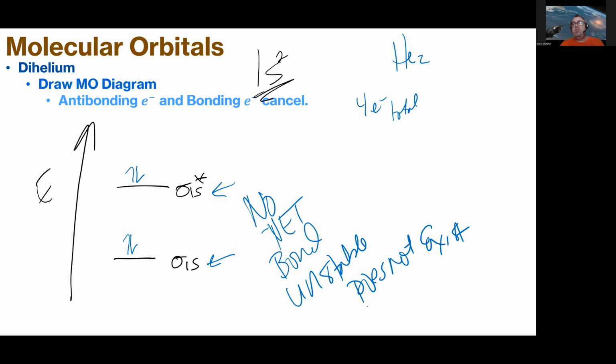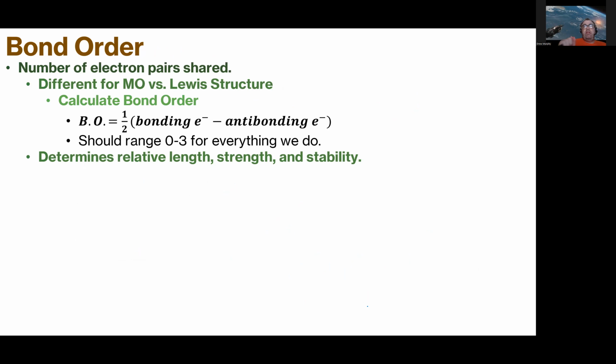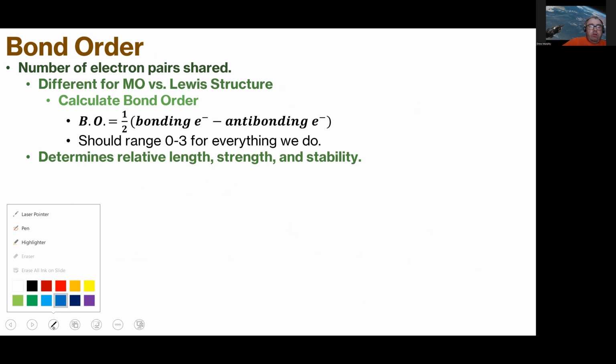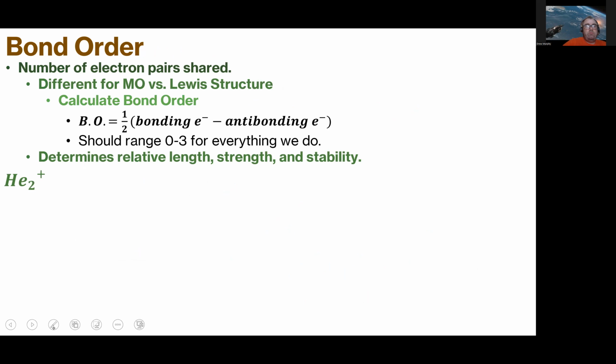Okay, so this gives us another route into thinking about bond order. All right, so if we think about it, we just did dihelium.